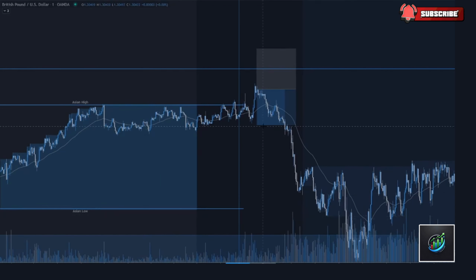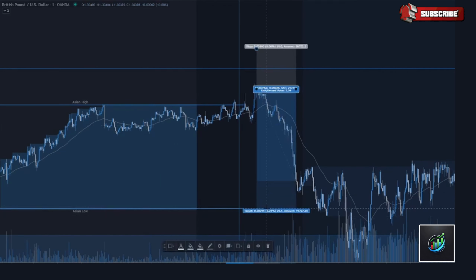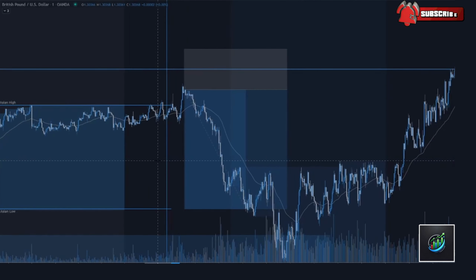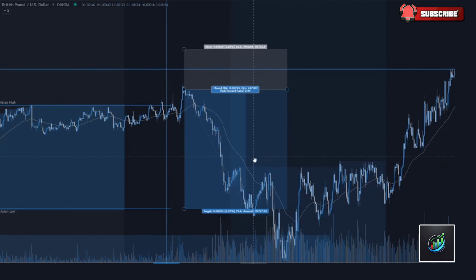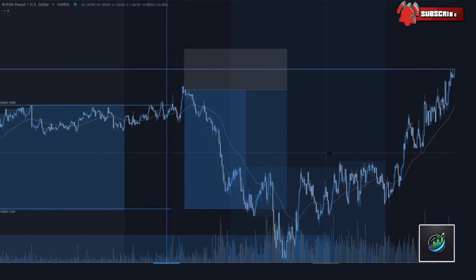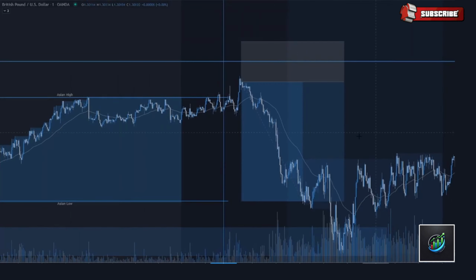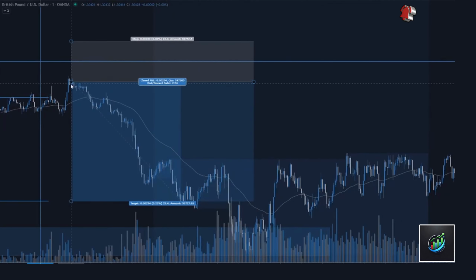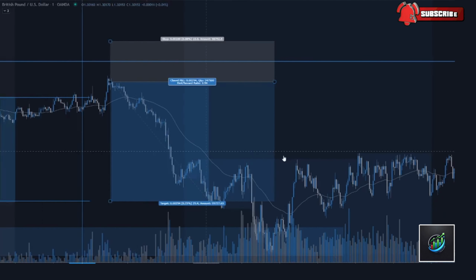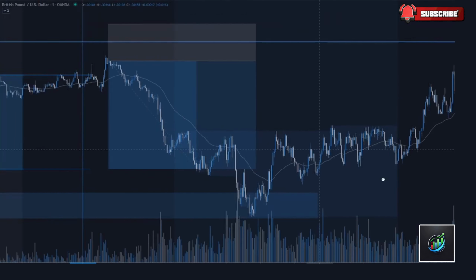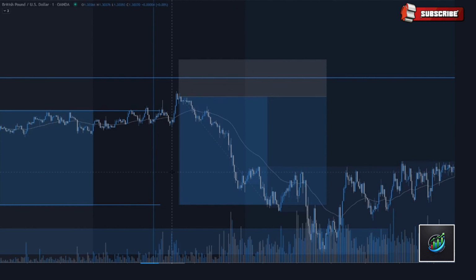Targeting the lows of the Asian session. So risk to reward ratio, 3% return on investment for a 0.25% staked with a 10 pip stop loss at the bare minimum. Now, had you not taken the extremity on the basis that you was looking for a confirmation entry, you wouldn't have actually got into a trade.